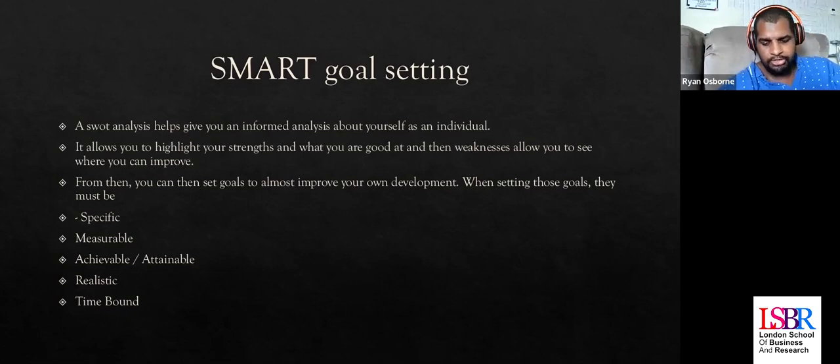Because sometimes when you set a goal and say you want to do GCSE English, if you don't set a time plan, or a date of when you want to start, or when you want to finish by, 9 times out of 10, that goal is not going to be met. You'll find yourself pushing it back another month, or a year, or another 2 years, or even worse, you may not actually do it. So: specific, measurable, achievable, realistic, time bound.